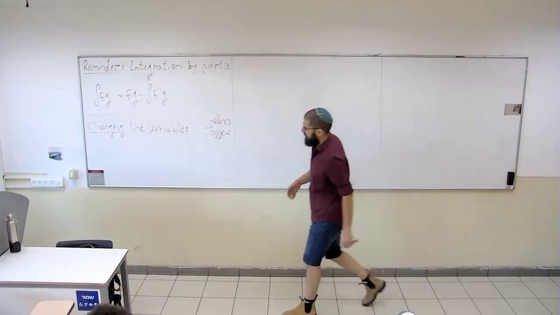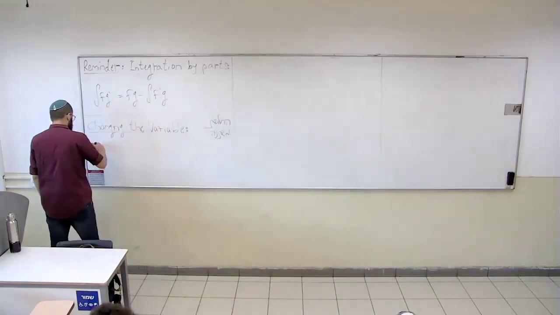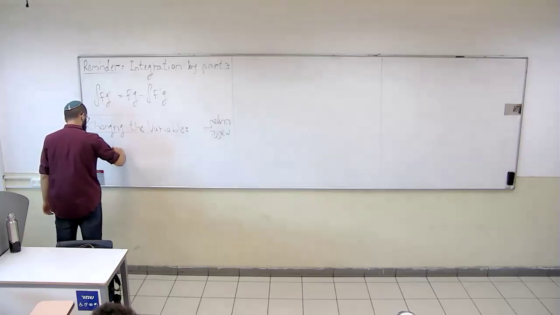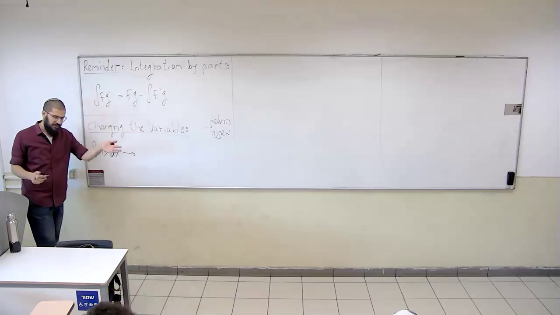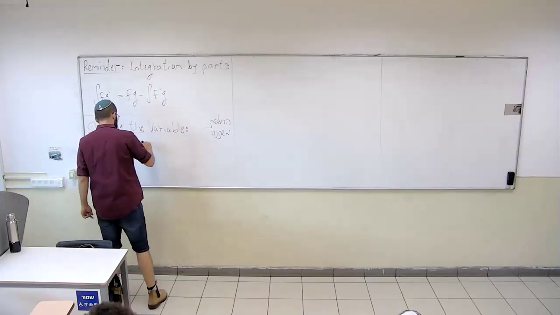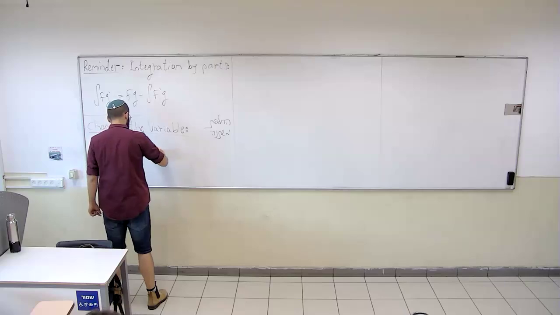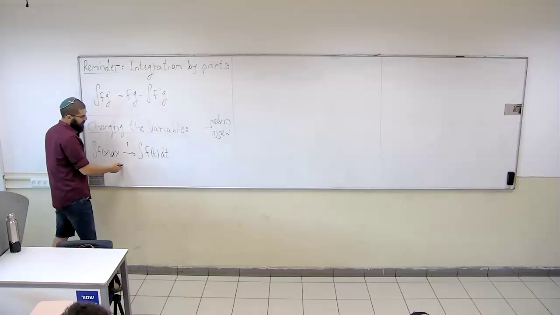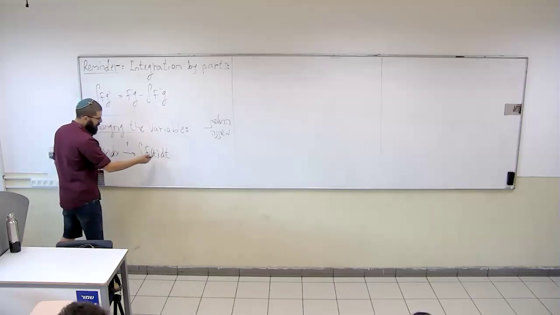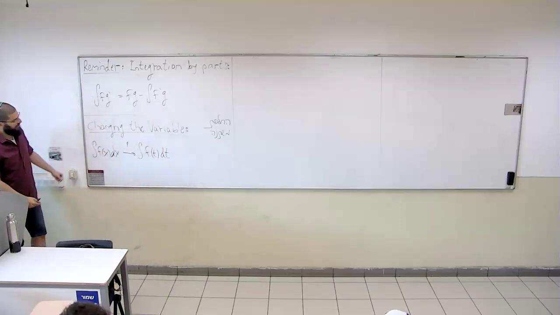If we have the integral of f(x) dx, and for some reason we want to change x with t, then the dx should also be substituted with dt. And the question is how?